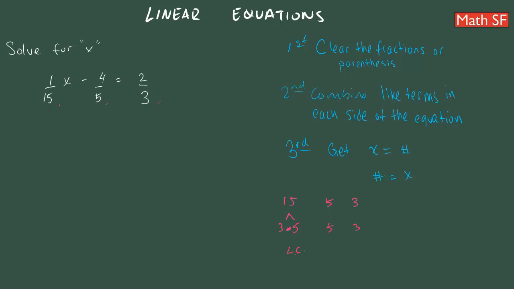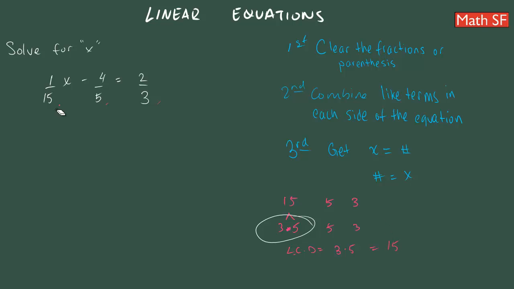To get the L.C.D., I'm going to choose one set, which in this case will be 15, which is 3 times 5. Then this 5 is already included, and this 3 is already included. Therefore, the L.C.D. is 15.